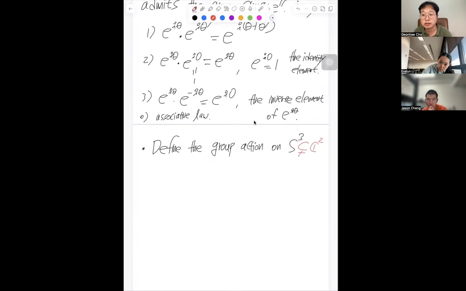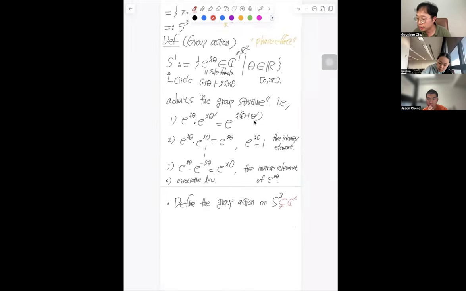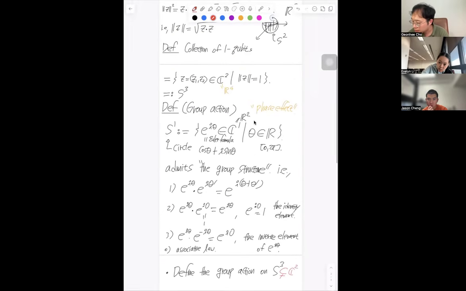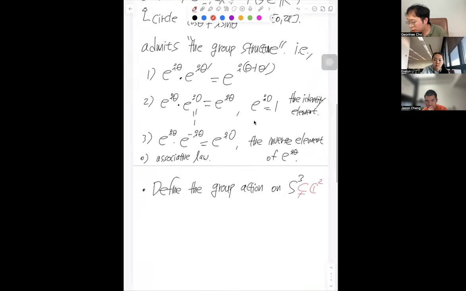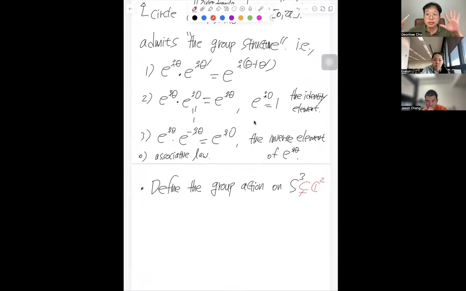So let me use the fancy notation: we start from C2 here, and we just collect the unit vectors. You can see that the ambient space is either R4 or C2, but we'd like to use complex numbers, so we start from C2 and consider the subset S3. Is it okay with you up to here?